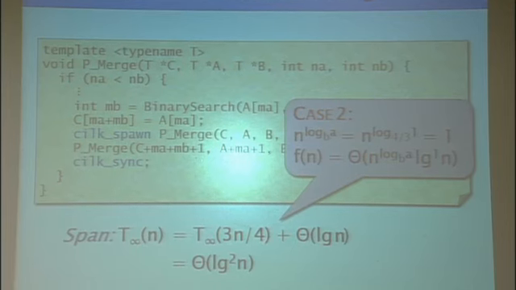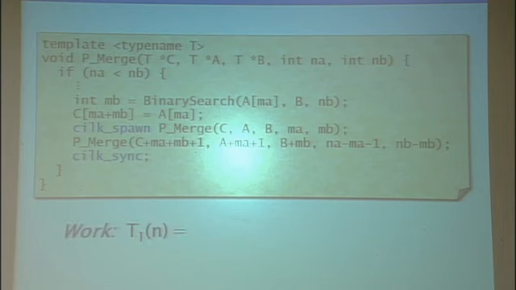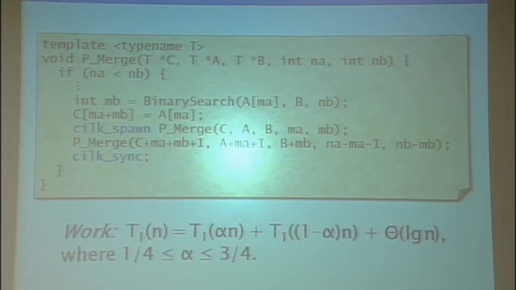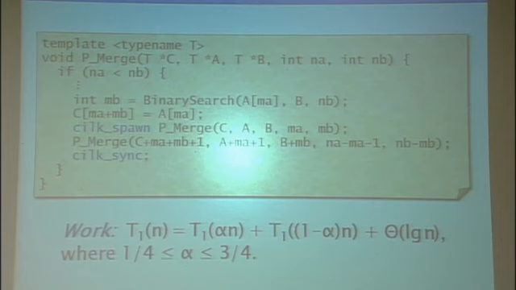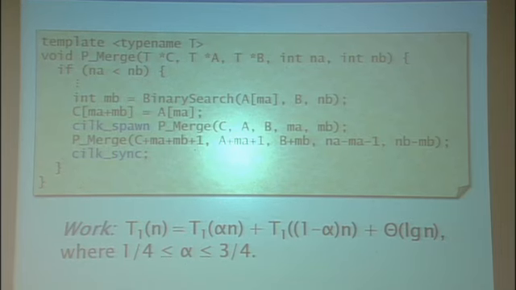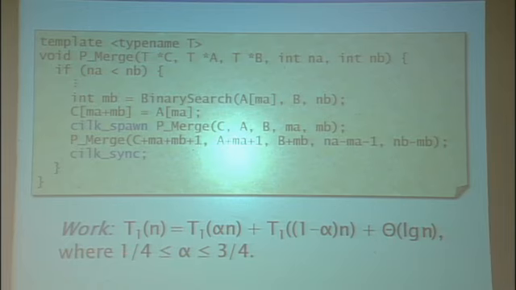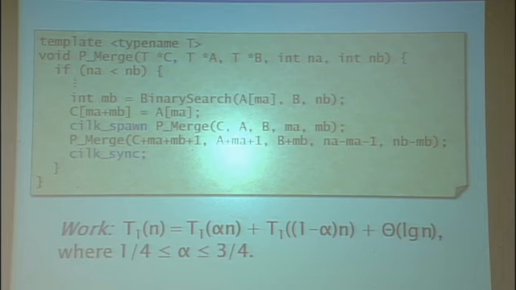So I get log squared n as the span, and for the work I get this hairy recurrence: T(n) = T(αn) + T((1-α)n) + Θ(log n), where α falls in this range. This does not satisfy the master theorem.